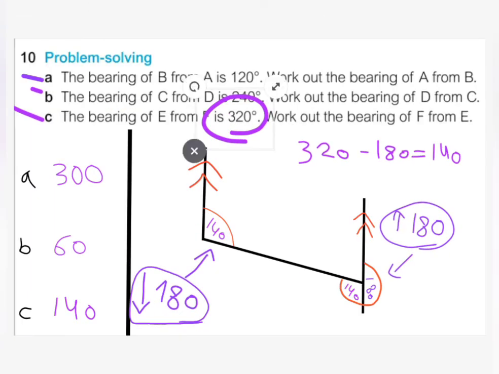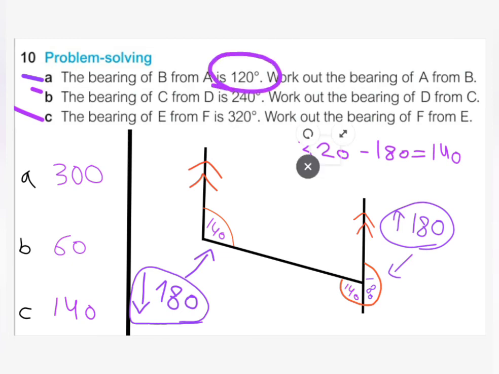Now, to sum this up, as I told you, when they give you an angle here, and they say it's the bearing, if the bearing of an angle is 120, for example, find the other bearing, you just find out the bearing by simple steps. If the angle they give you is smaller than 180, you just add 180.